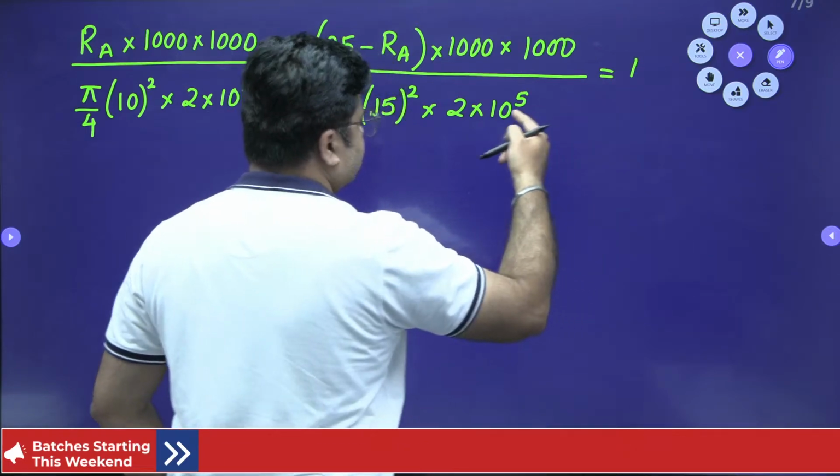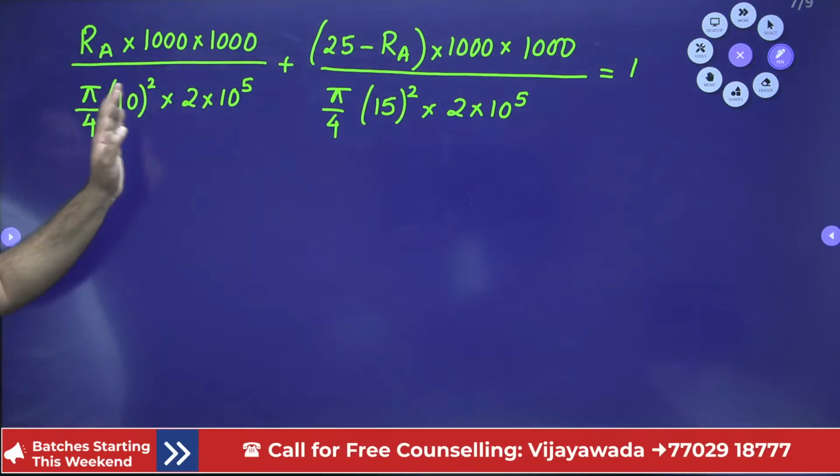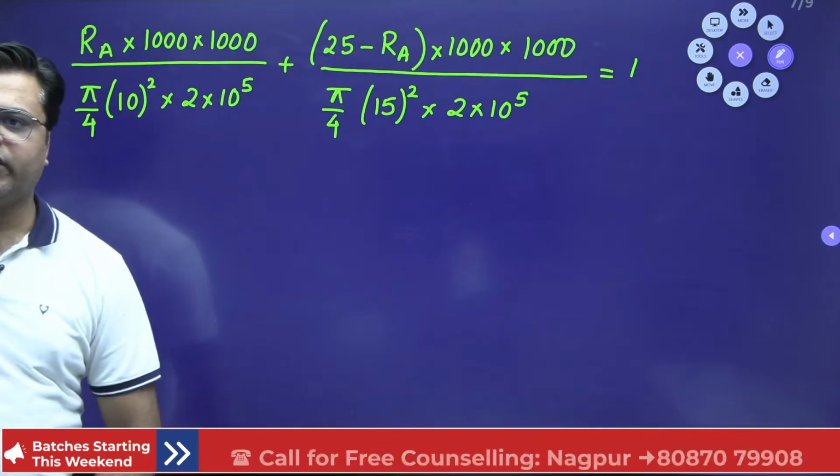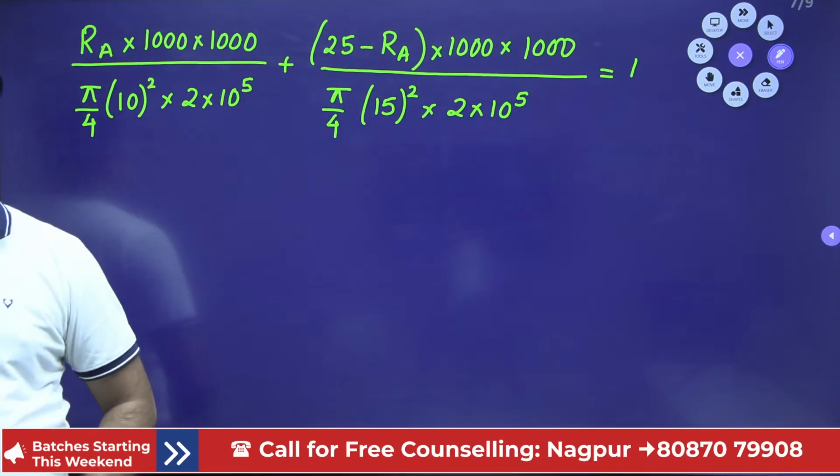That is the value of Young's modulus, right? So from here you can get the value of RA. Just do the quick calculation and tell me what will be the value of RA.